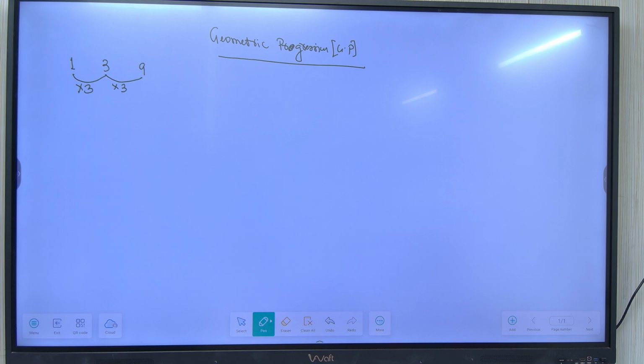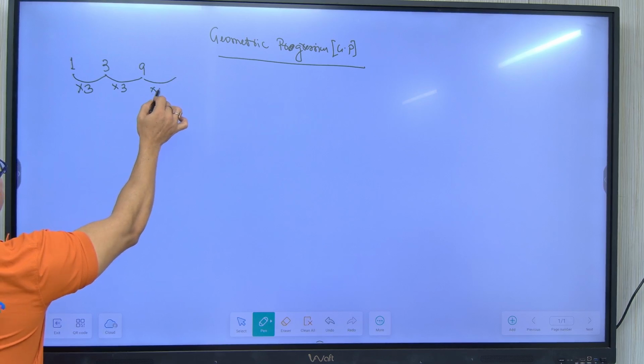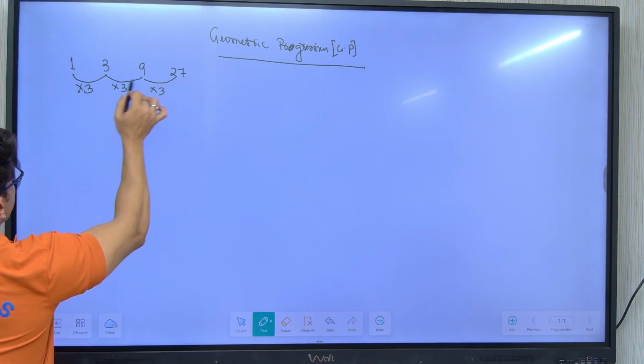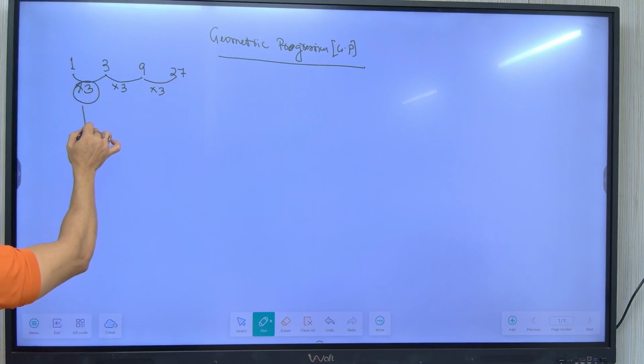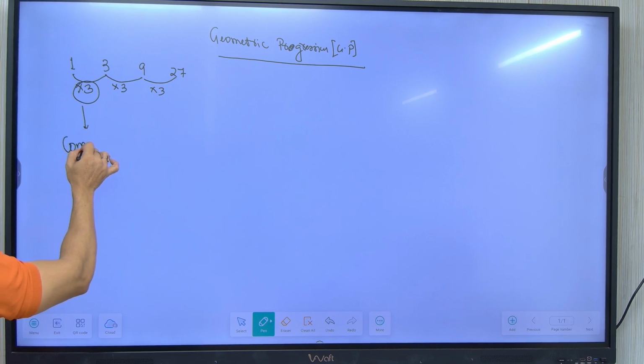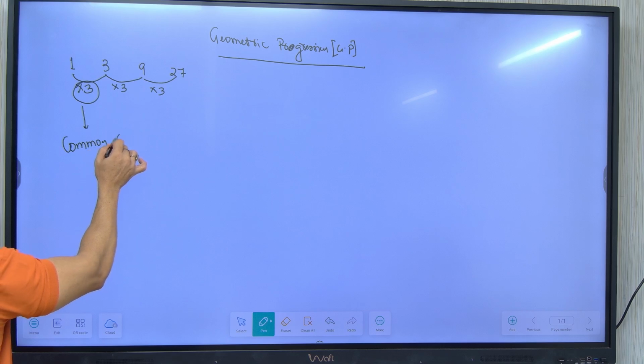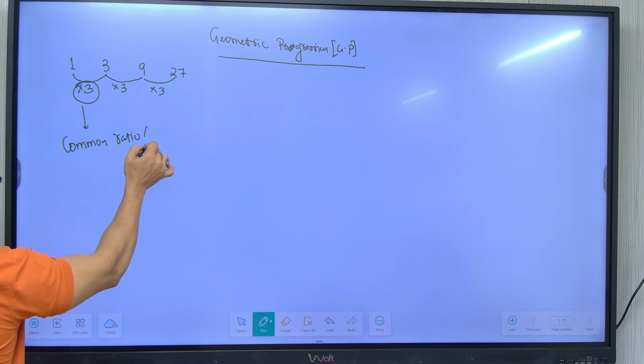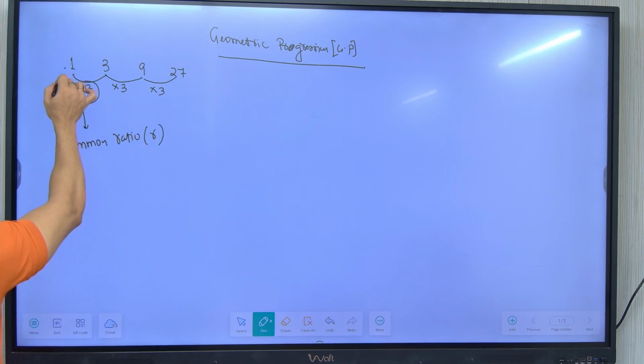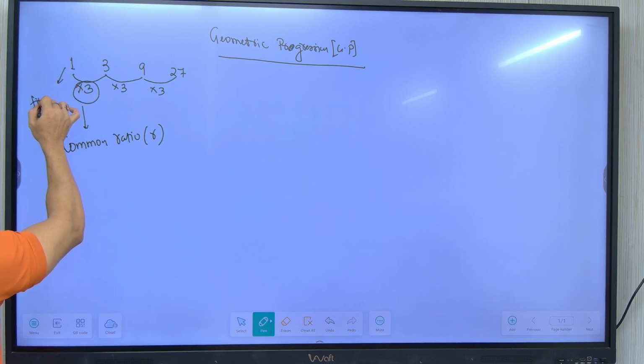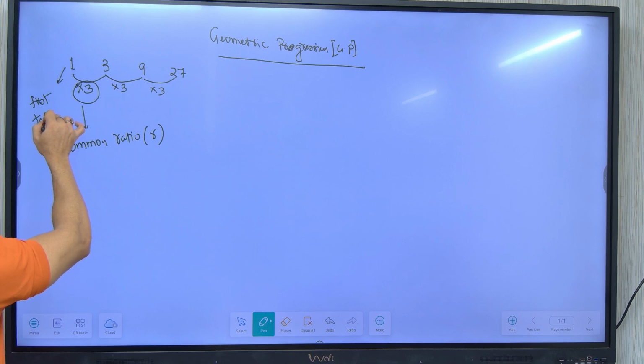So this 3 which we are writing is called the common ratio, denoted by R. A is called the first term.